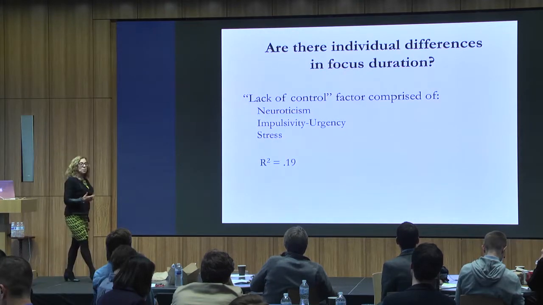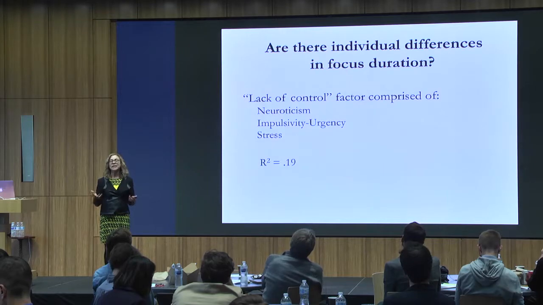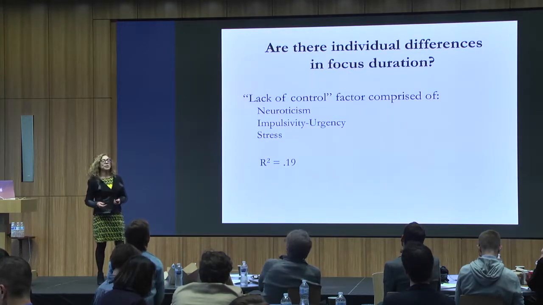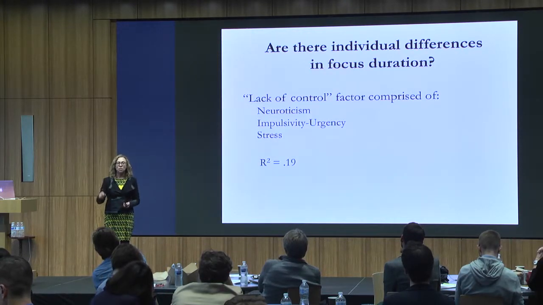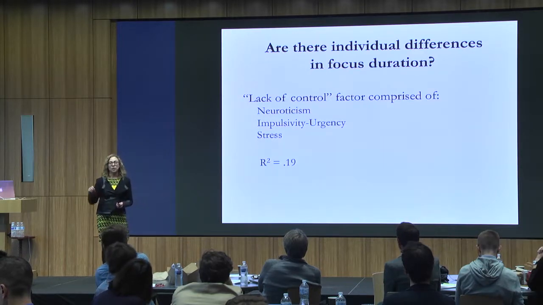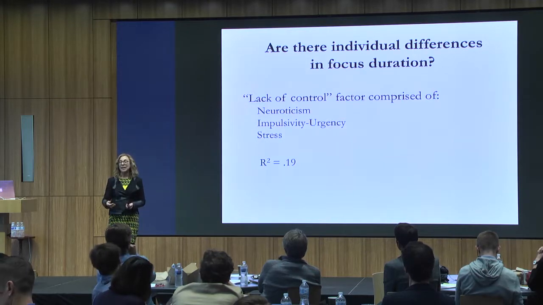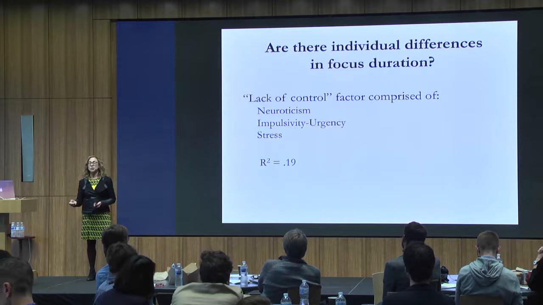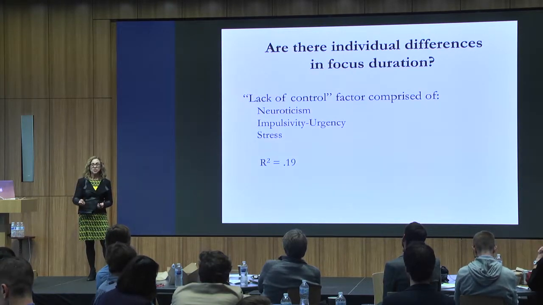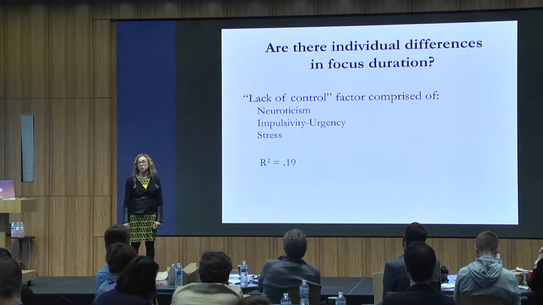Now, there might be individual differences, and so we asked, can we find out whether there might be individual differences? So what we did is we looked at a whole series of variables that we thought might be associated with attention duration. And what we did was we ran a factor analysis, and we came up actually with 2 factors. We put those factors into a regression equation and tried to predict people's focus duration.